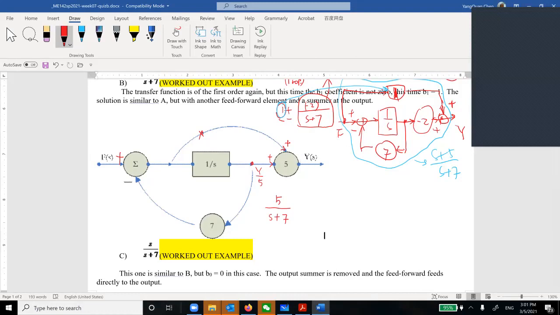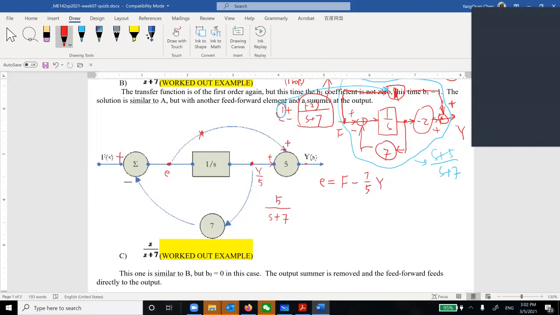So let's check here. If I move this is y, then what is this? Y divided by 5, right? Okay, so we pull out this signal here. What is this signal? I said this could be E. So E equals F, the input, minus 7 divided by 5 times y, right?